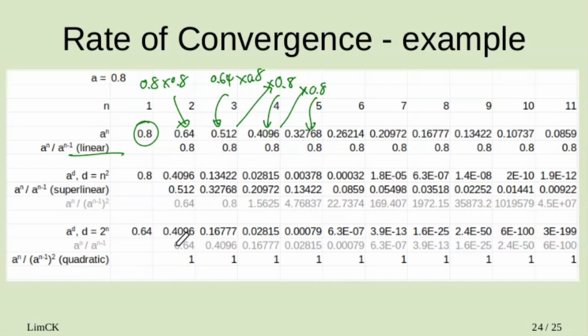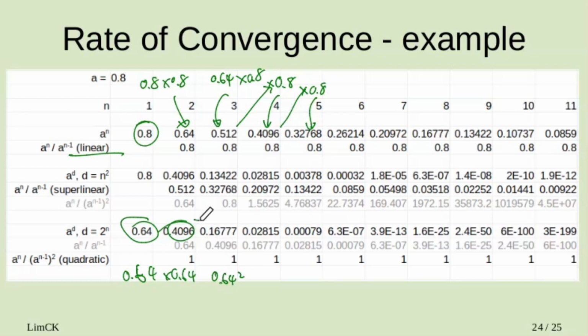For quadratic convergence, if the first term you get is 0.64, then 0.64 times 0.64, you get this number, or you can just say 0.64 squared, you get this.